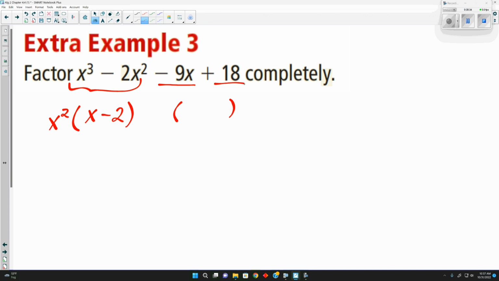So what do I need to factor out of this here? Because if I factor a negative 9 out of negative 9x, we're left with a positive x. The x's match up. And if we factor a negative 9 out of positive 18, well, the positive is going to turn into negative 2.